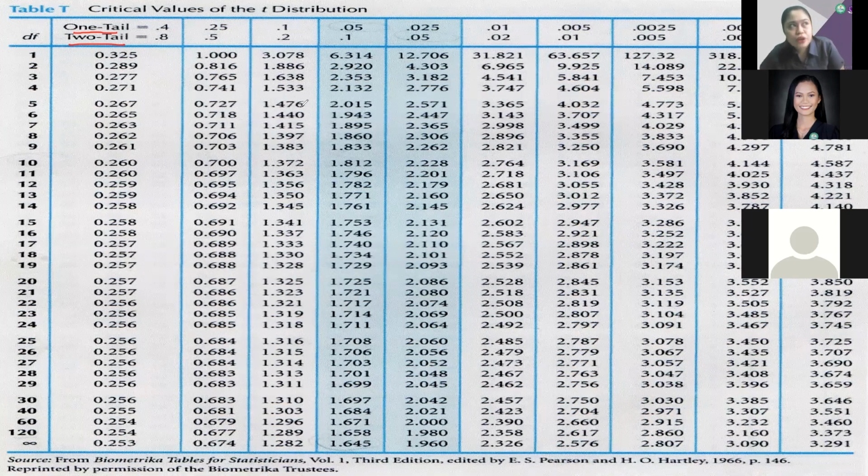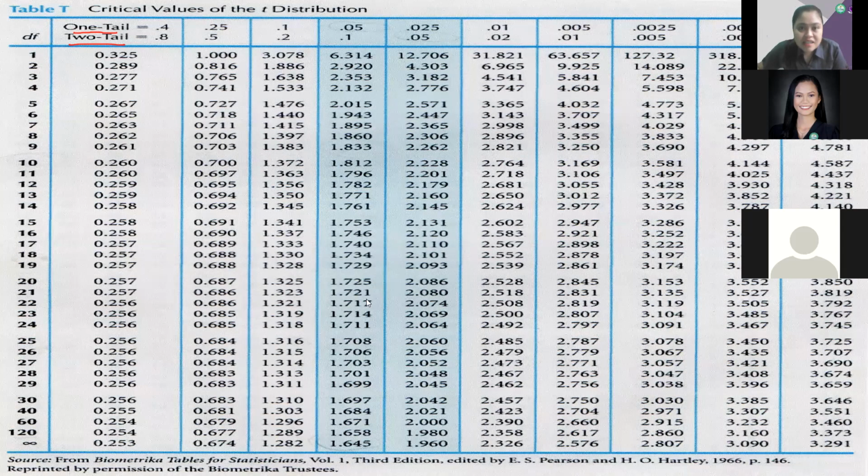Merong direction. Meaning, meron tayong pinapaboran doon sa two groups natin. Meron kang mga hints there like using the word more, greater, lesser, or kung ano pang pwedeng gamitin natin for comparison. Pero kung two-tailed test, the hypothesis is non-directional, meaning wala tayong binibigyan ng pabor. Okay, very good.